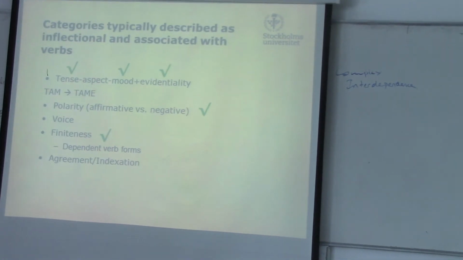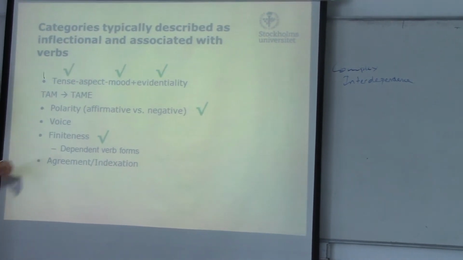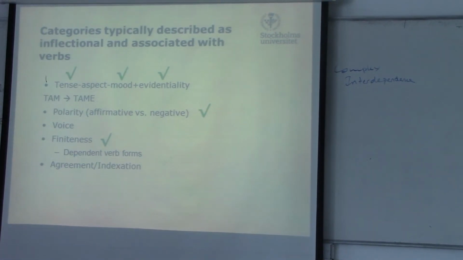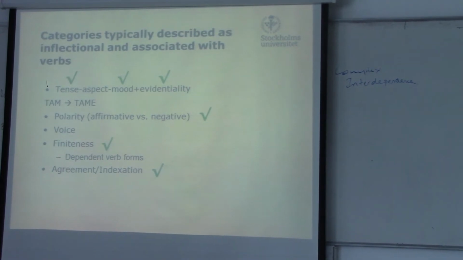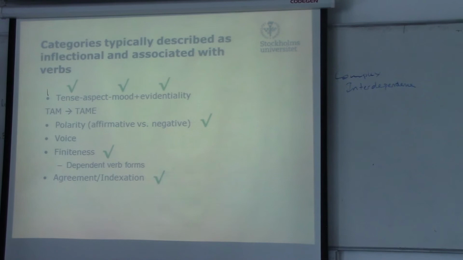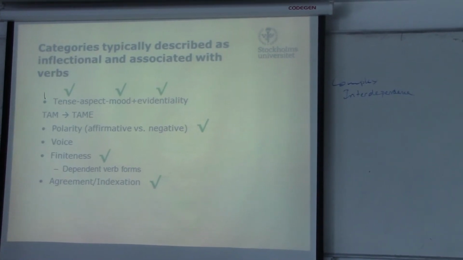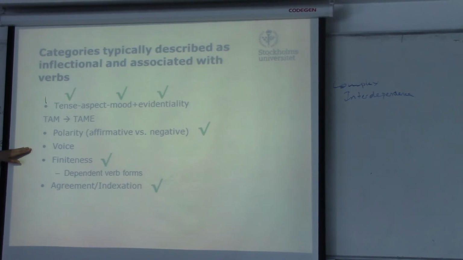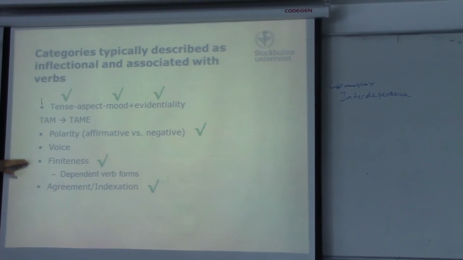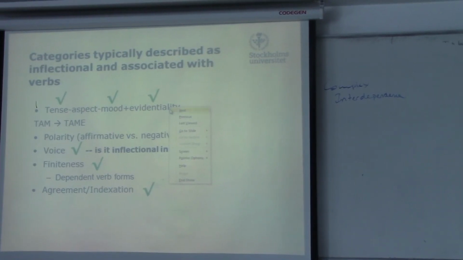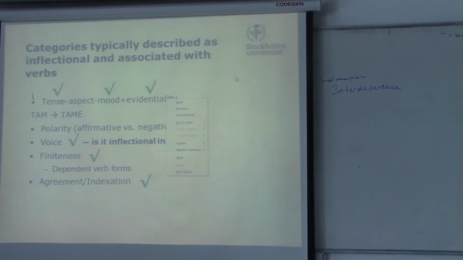Finiteness is also in Turkish, and we'll see further examples of that. They can be called dependent verb forms. Agreement is in Turkish because you index whoever is talking on the verb. Okay, that's agreement. I'll be talking more about this. Voice can also be expressed morphologically on a Turkish verb. The question is, is it really inflection?